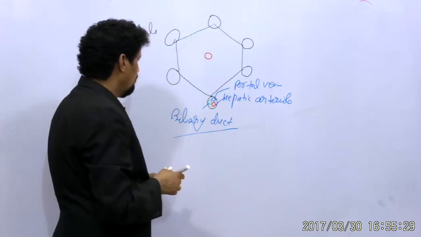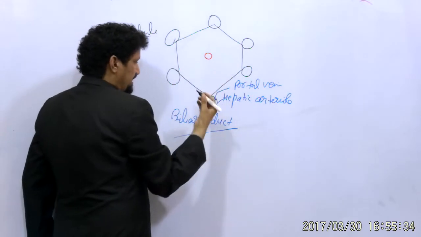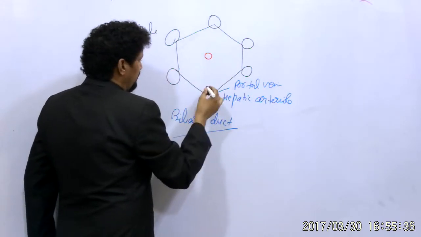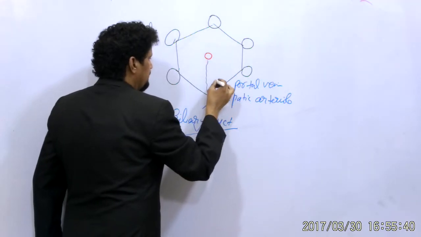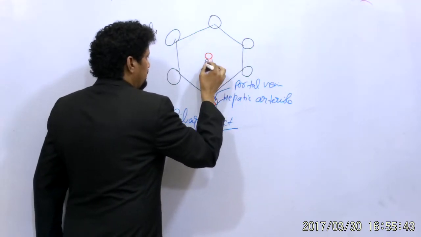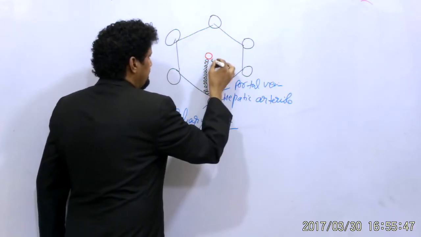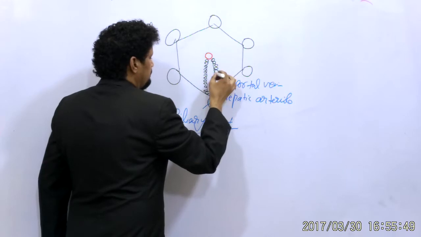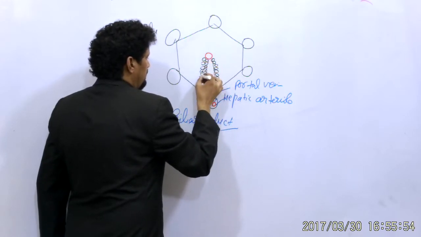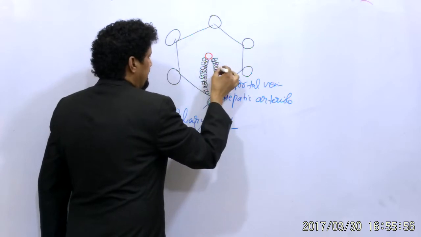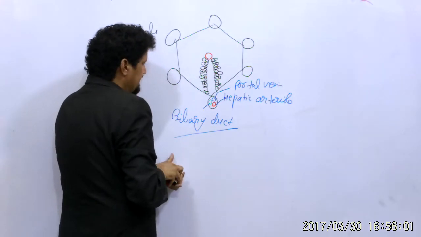Inside the liver, I will not go into detail of the histology or microanatomy of the lobule, but it has hepatocytes and biliary canaliculi.